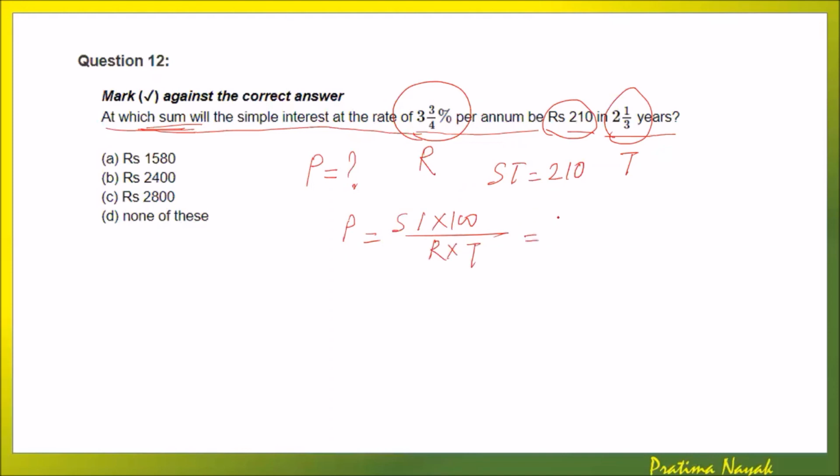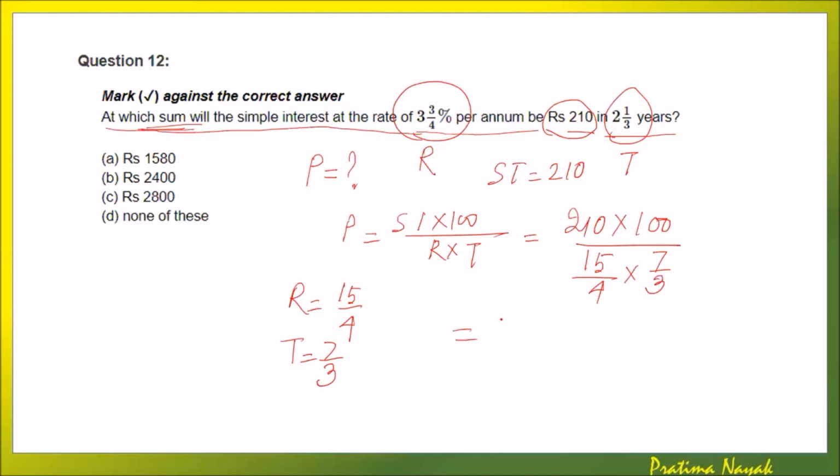So SI is equal to 210 multiplied by 100 by R. Here R I will make into an improper fraction. It will be 15 by 4. And here time I'll make into 7 by 3. So this will be 15 by 4 into 7 by 3. So only the simplification part you will do.